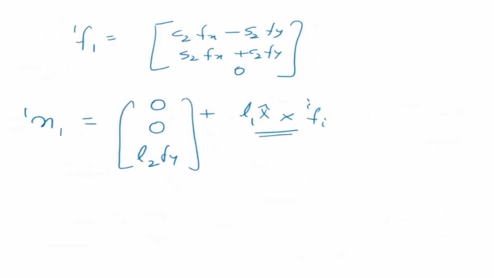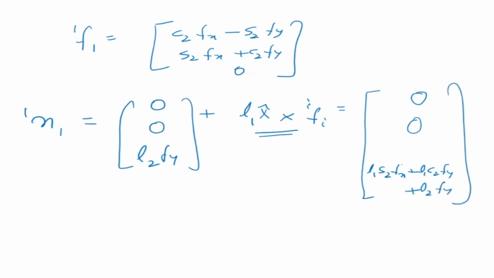Now if I open it up, what do we get? What we get is this one: 0, 0, L1 S2 Fx plus L1 C2 Fy plus L2 Fy. So this much is the new component. This is coming from the previous one. So the total moment which is acting on the manipulator on joint number 1 is given by this expression.